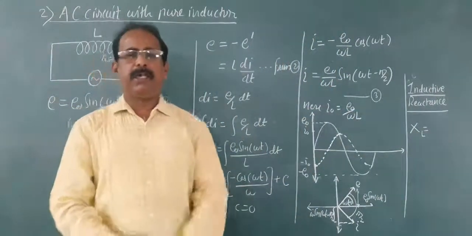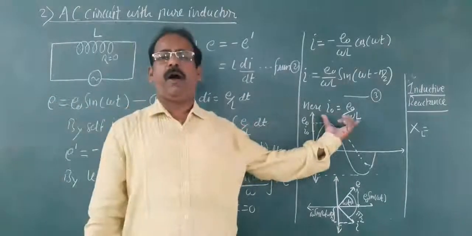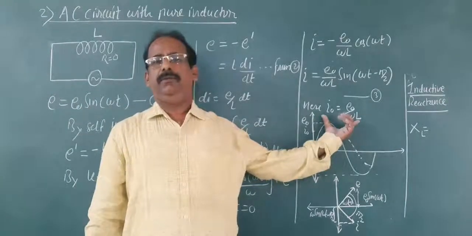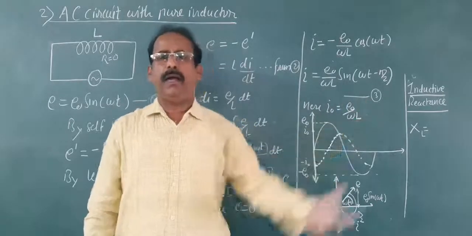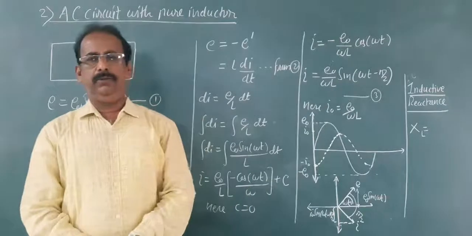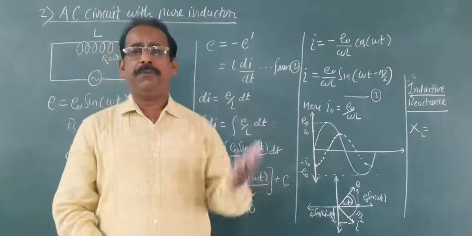If we compare this equation of peak current, which is equal to peak EMF upon omega L, with Ohm's law: by Ohm's law, current is always EMF upon resistance.